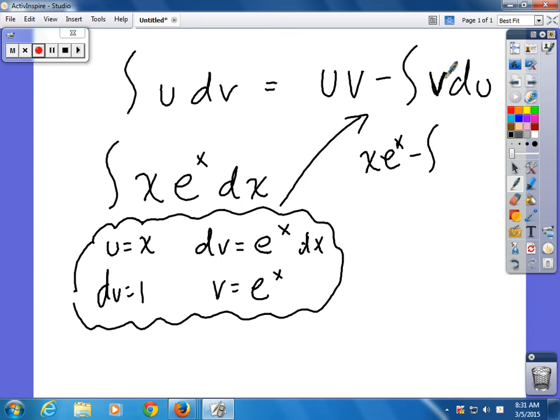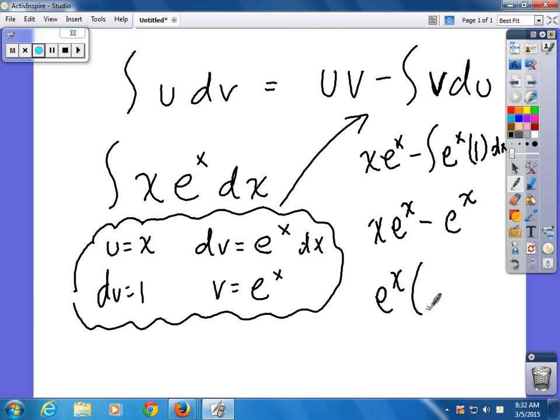V is e to the x, and du is 1. And of course, the antiderivative of e to the x is x e to the x minus e to the x, and you can factor out e to the x, and you get e to the x, x minus 1.